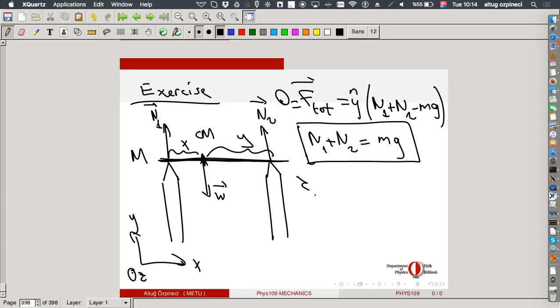Now let's calculate the total torque. Again, this is in the z direction. The torque with respect to which point? Center of mass. Okay, that's a possible choice.